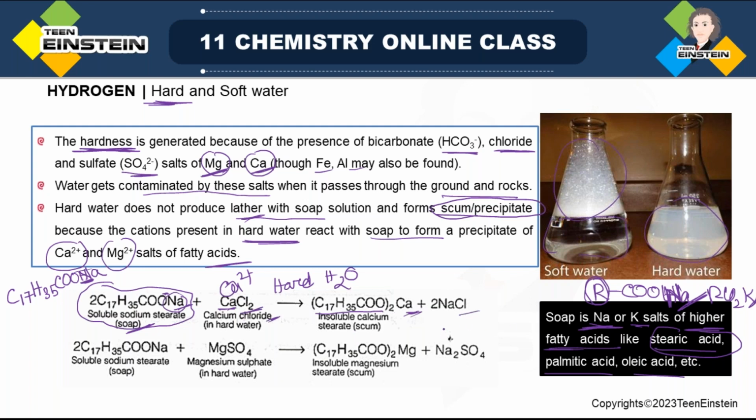If it is sulfate, it will be Na2SO4. Here we have also taken the example of MgSO4. Mg2+ also reacts in a similar way because it carries the same positive charge, 2+. And Na2SO4 is soluble in water, but the calcium or magnesium stearate forms the scum. That is why the solution looks like this. So this is the equation showing why we get scum or precipitate.